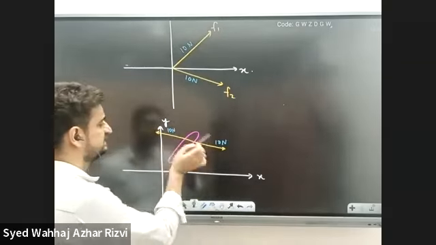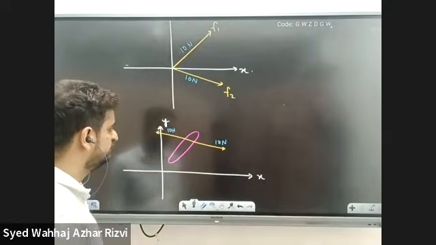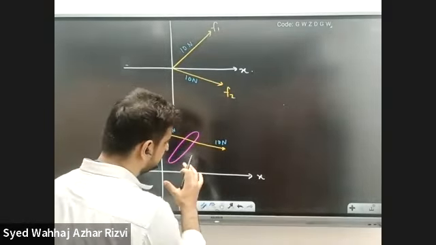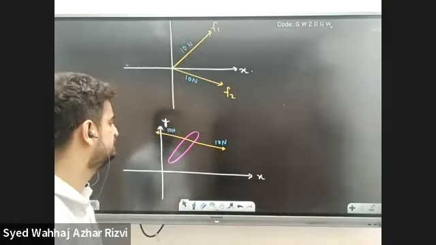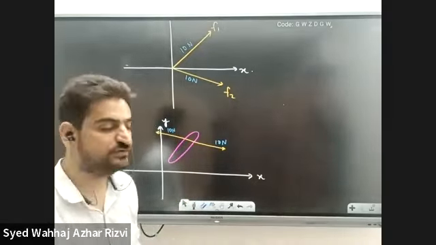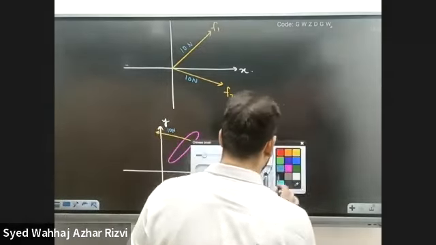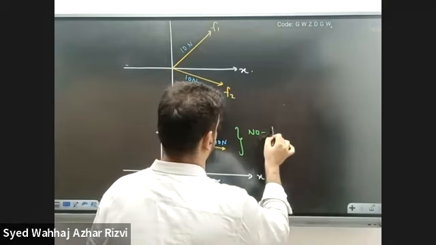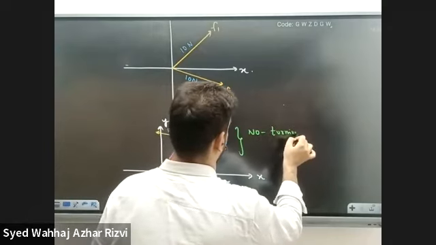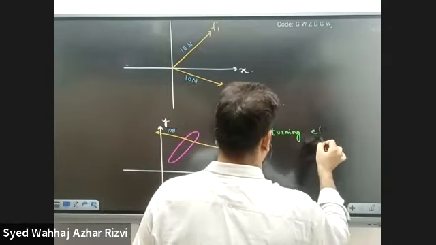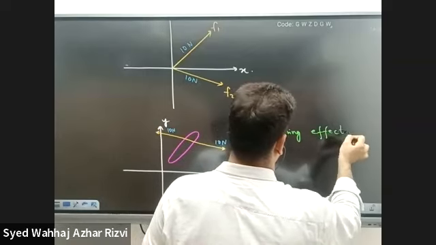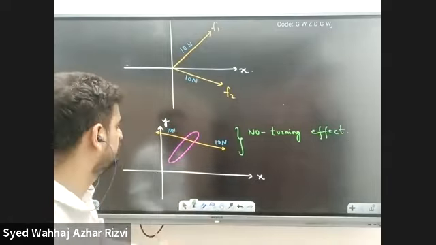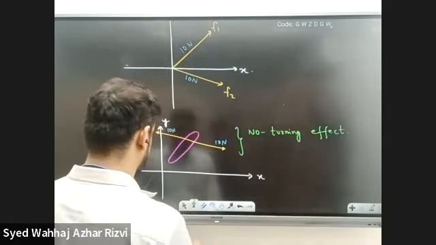Both the forces are of the same value and they're acting at the same point. If somebody would try to know what is going to be the turning effect of these two forces, we would say that both these forces have no turning effect. These two forces are not going to be responsible for this body to turn.